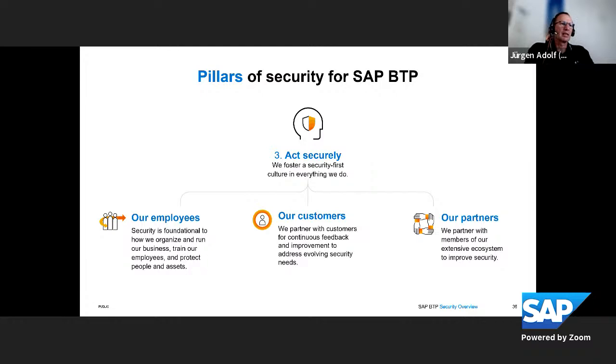It's organized, we are trained, and we have regular assessments so that we know how to develop in a secure way. And our customers, we partner with customers for continuous feedback and improvement to address evolving security needs, and we partner with members of our extensive ecosystem to improve the security.